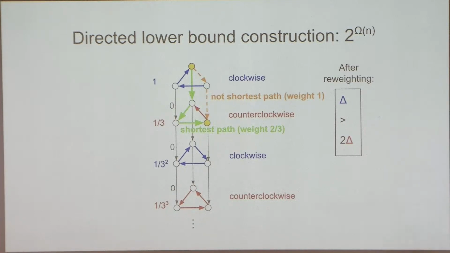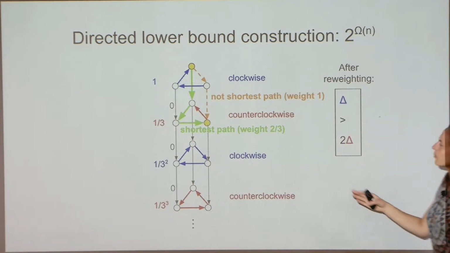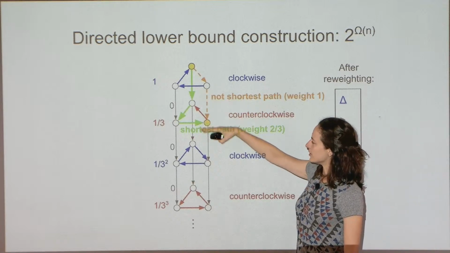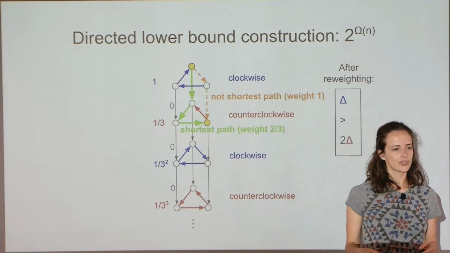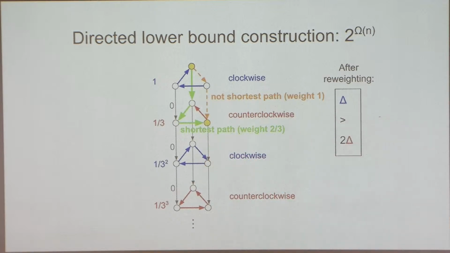Yeah, how many different sets of weights do you need, logarithmically maybe? Well, here we're doubling each time for n over 3 times, so we're having linearly many different weights.